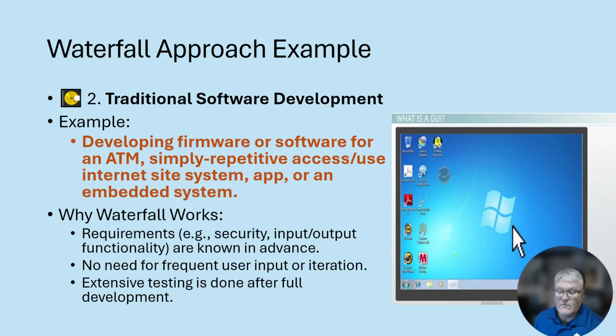For instance, for security, for input and output functionality, it's simple inputs, simple outputs, and they're known well in advance. There's no need for frequent user input or iteration. In other words, once it's there, it's pretty standard. There's no variation upon what needs to be done with it. And then extensive testing is done after the full development.